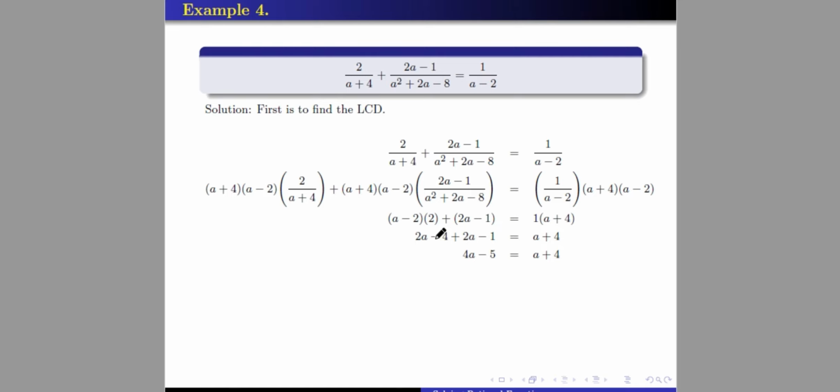So 2a plus 2a is 4a, negative 4 minus 1 is negative 5, a plus 4, just copy, and then we'll separate. So 4a, this positive a will become negative a, this negative 5 will become positive 5 by transposition. So we have 3a is equal to 9, and then divide both sides by 3, so a is equal to 3. 9 divided by 3 is 3.